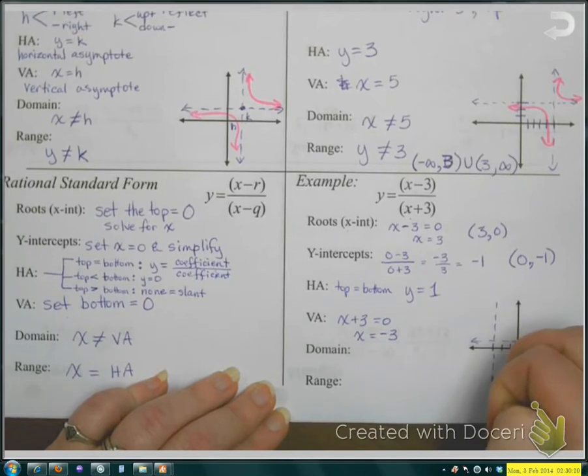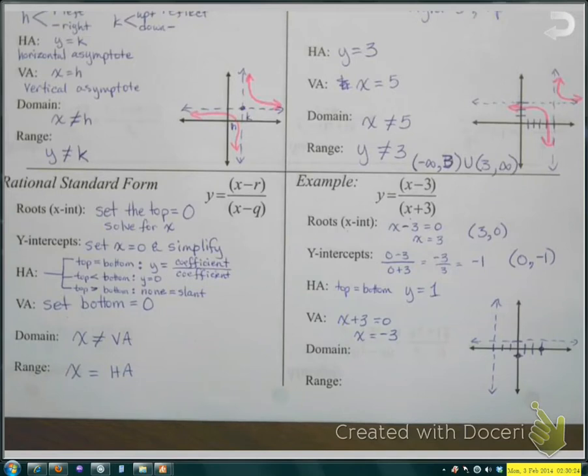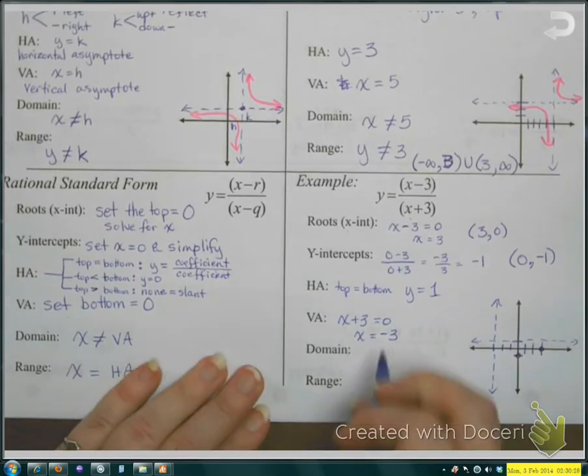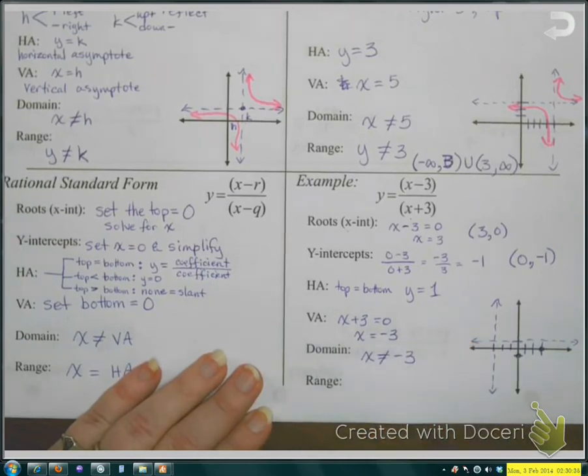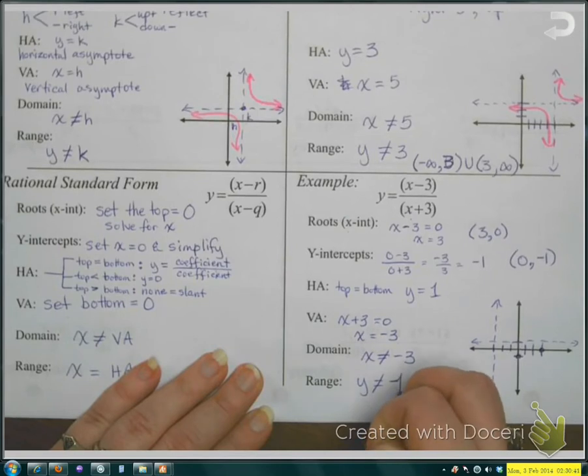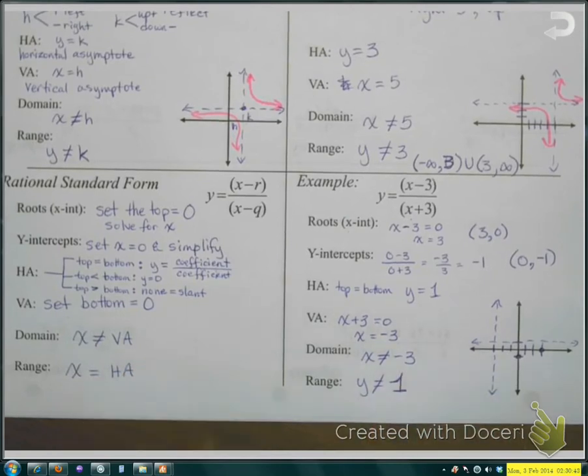So I come over to negative 3 on my graph and put in my dashed line. I know my domain is going to be everything except where my vertical asymptote is at. So I can write my domain as everything except where x is equal to -3. And my range is going to be everything except where y equals +1.